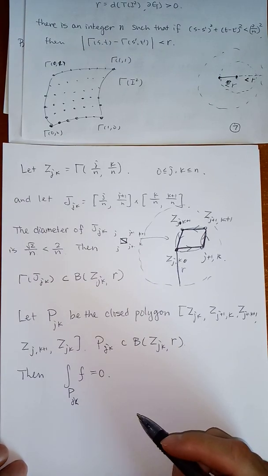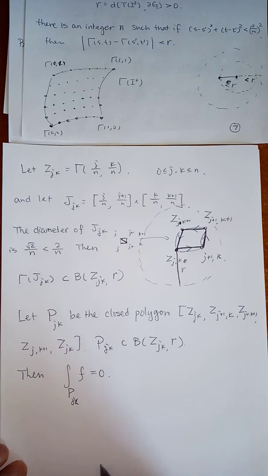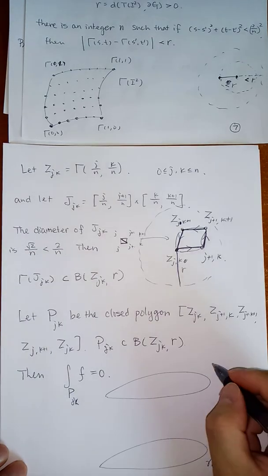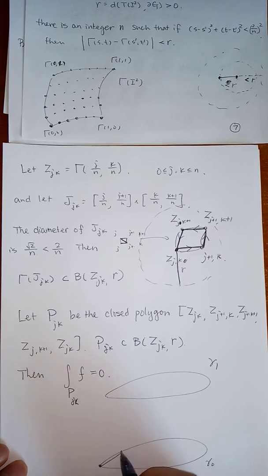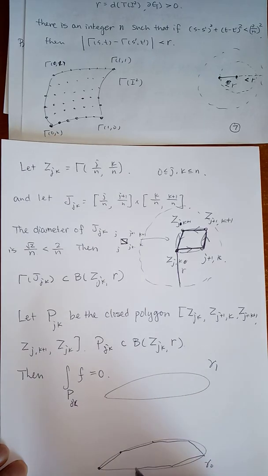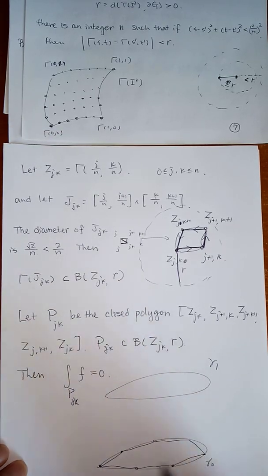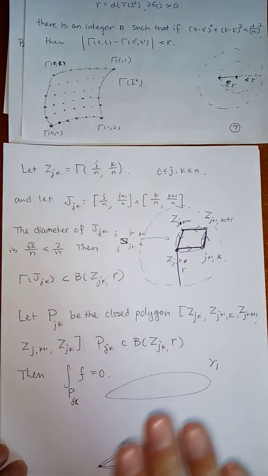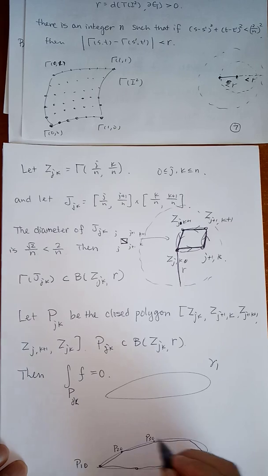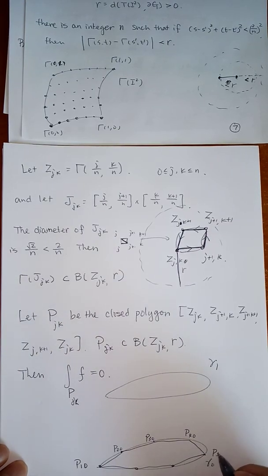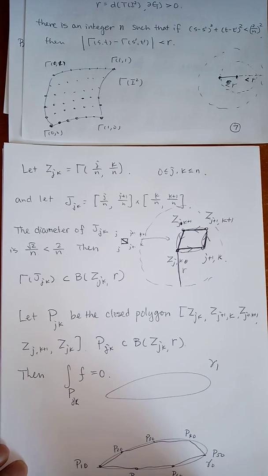Okay, now we are going to do what? You see here, we have a gamma 0 and we have gamma 1. From gamma 0, assume this is the first level, P10, P20, P30, P40, P50, P60, P70, and P80.